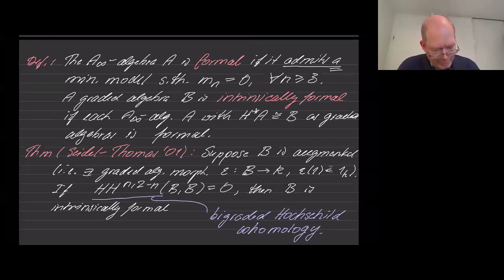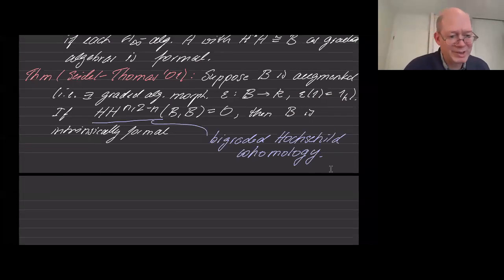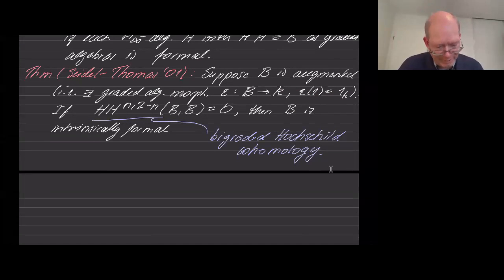Okay, so this is a possibility which sometimes allows us to show formality. It's also important to detect non-formality. And to detect non-formality, one can sometimes use Massey brackets.